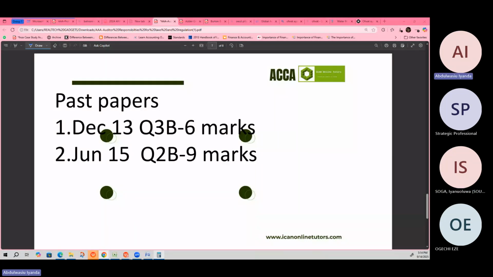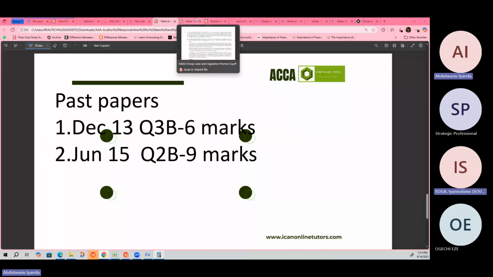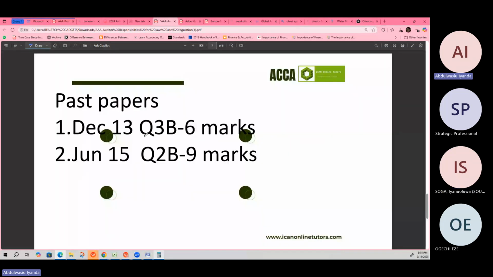So I think these are the ones that I can see from now to date relating to this particular aspect. So let's start. Which one is 13? This is 3B.